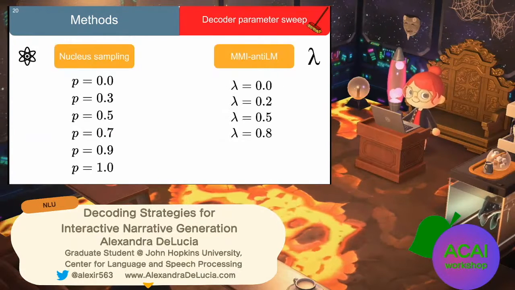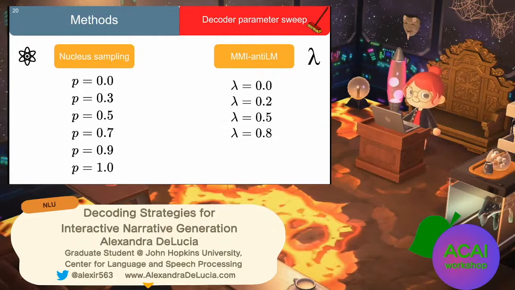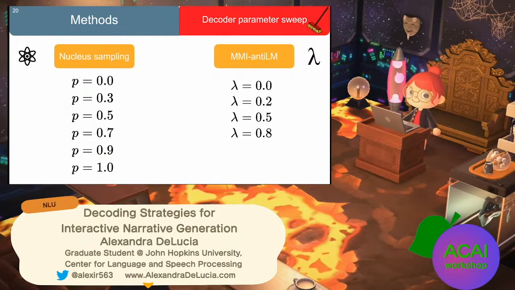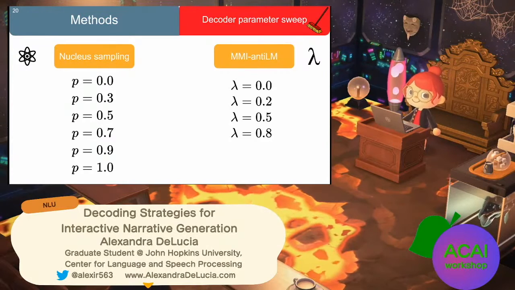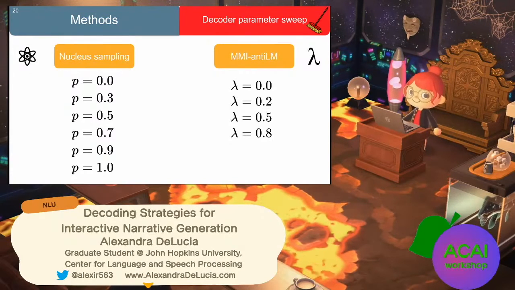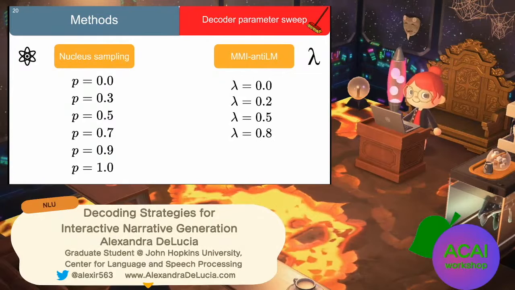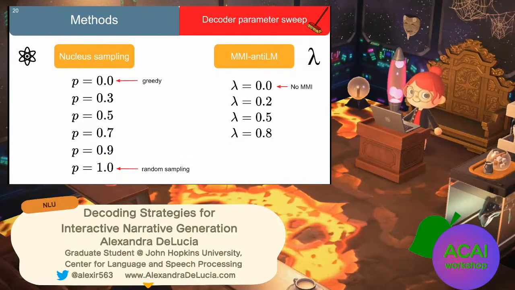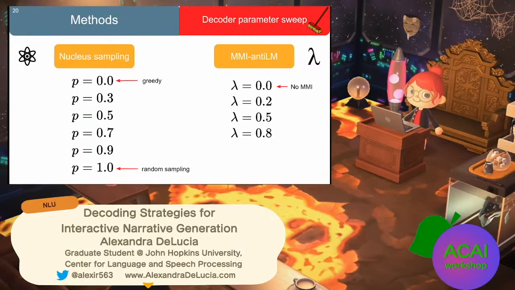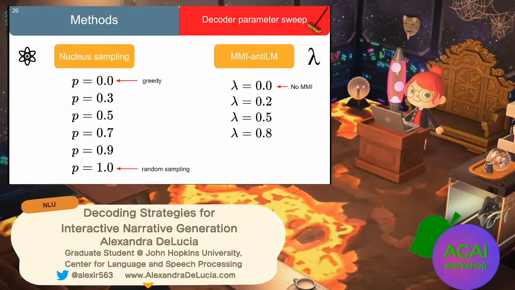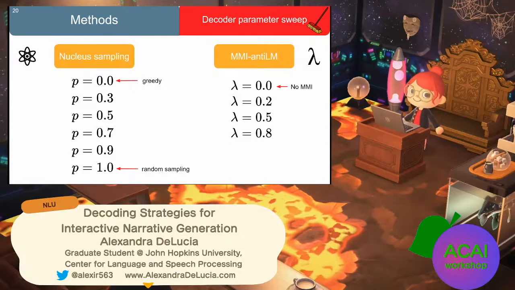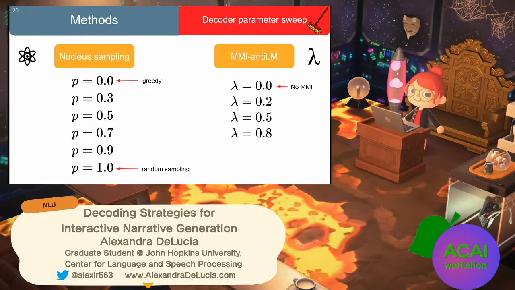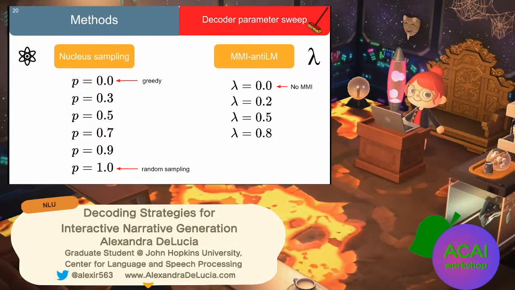For the decoding parameter sweep, we use a discrete set of p-values for nucleus sampling and lambda values for the MMI anti-LM diverse decoding. p equals 0 and p equals 1 are included for completeness, since p equals 0 is equivalent to greedy search and p equals 1 is equivalent to full random sampling.